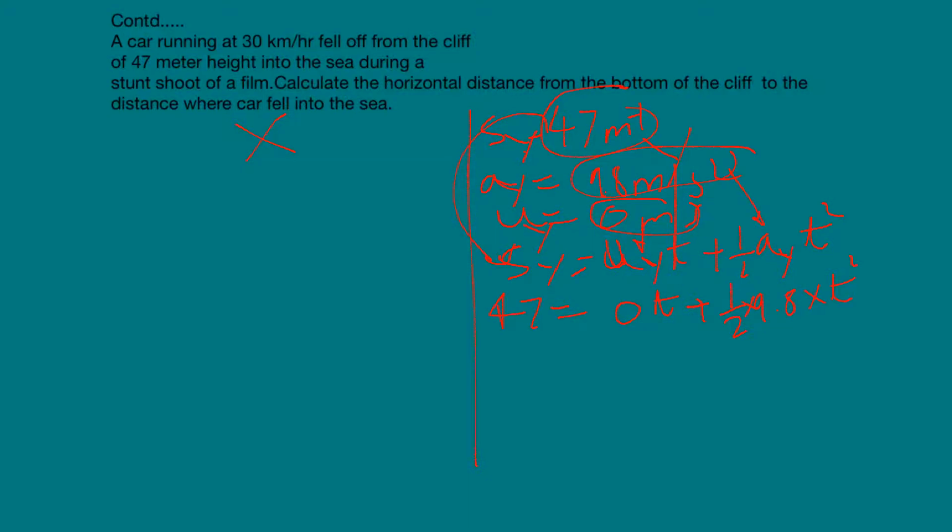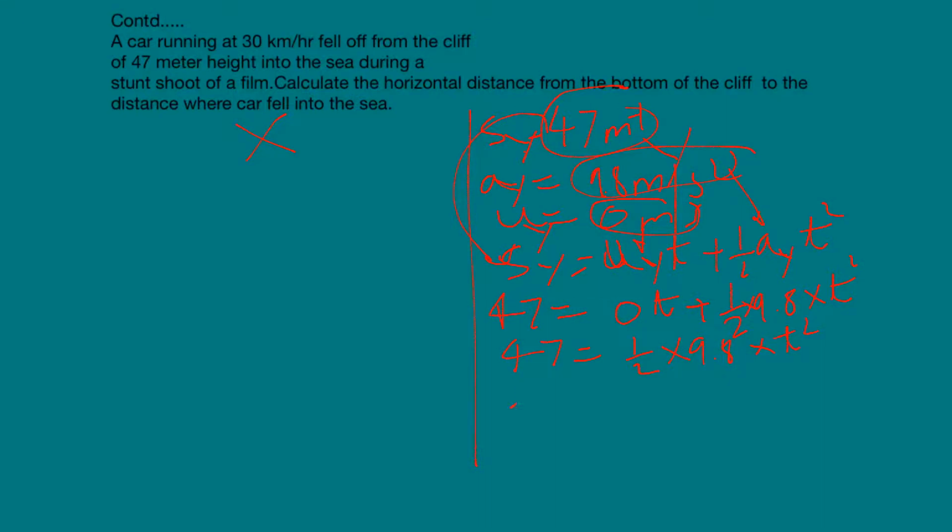So here now it will become 47 equals to 0, t is 0, so this whole thing will go. So here it will become half into 9.8 into t square.